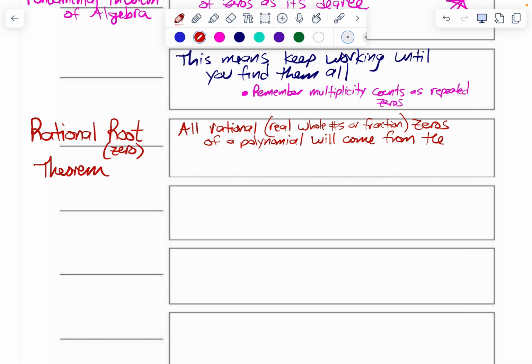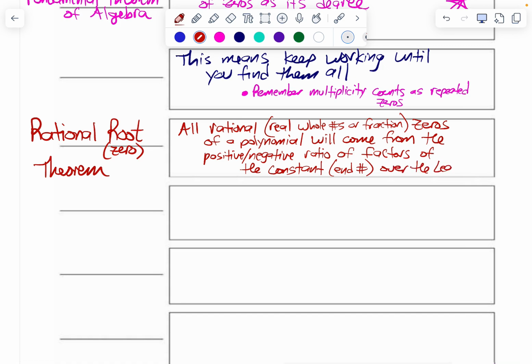will come from, and this is where it gets kind of long, the positive or negative ratio of factors of the constant, which is just the number at the end, over the lead coefficient.